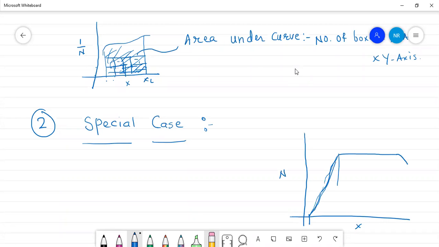For the falling rate period, we have to assume that N is linear with X. The rate of drying is linear versus X for this whole region.